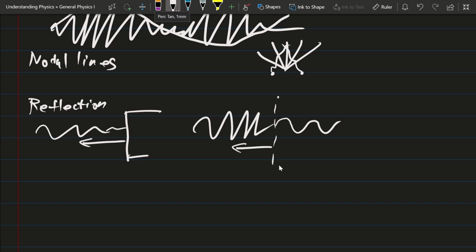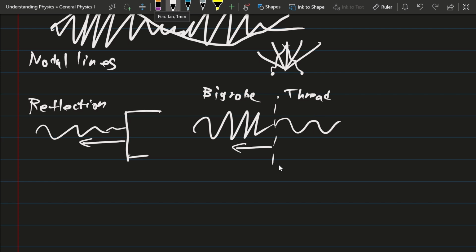Same thing. And the easiest way for you to think about this is that if you have a wall, it is not easy for you to carry the momentum towards the wall. But if you have, for example, this guy is a big rope, and the other side is a thread, you would later see that there will be some of the energy going through the thread while the rest is bounced back, or maybe the opposite way.